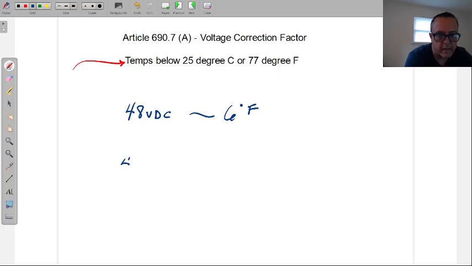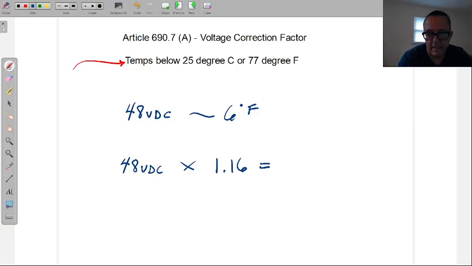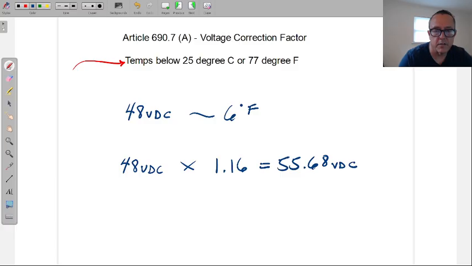We start with 48 volts. That's the voltage that we start with. We multiply that by 1.16, and now we have, what was that, 55.68. Thank you, sir. 55.68 volts DC adjusted. So we start with 48, we adjust it up to 55.68.